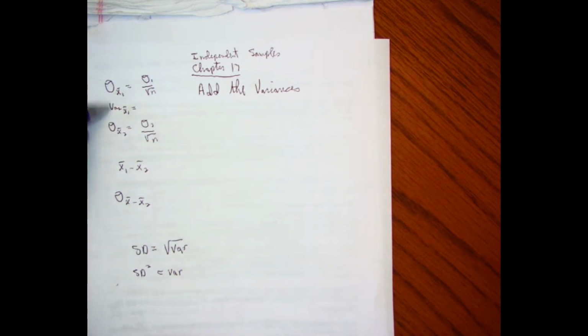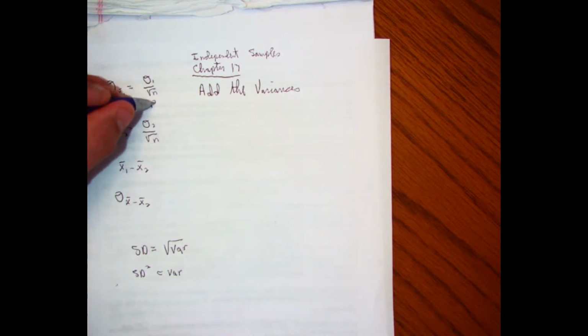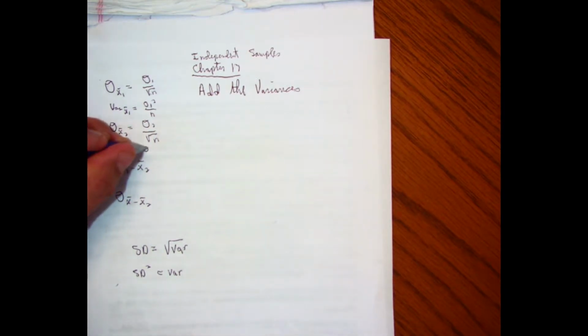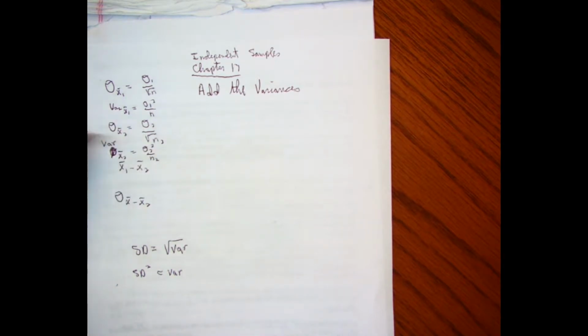So to go from the standard deviation to the variance, we got to square it. So we square this side. What do we get? We get sigma 1 squared over n1. And then what's the variance of x bar 2? The variance of x bar 2 equals sigma 2 squared over n2.